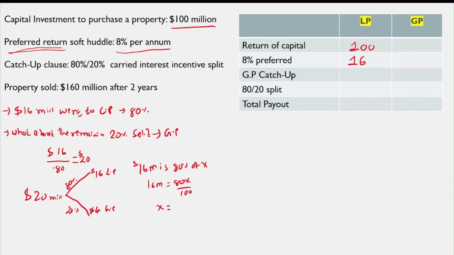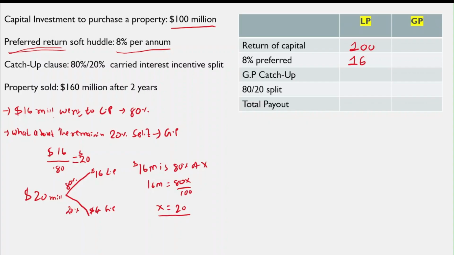So X is equal to 20, right? You can also figure this out in this way. 16 million is 80% of X, and the X is 20. Out of the 20 million, 80%, which is 16 million, went to the limited partners, and the 4 will go to the general partners.